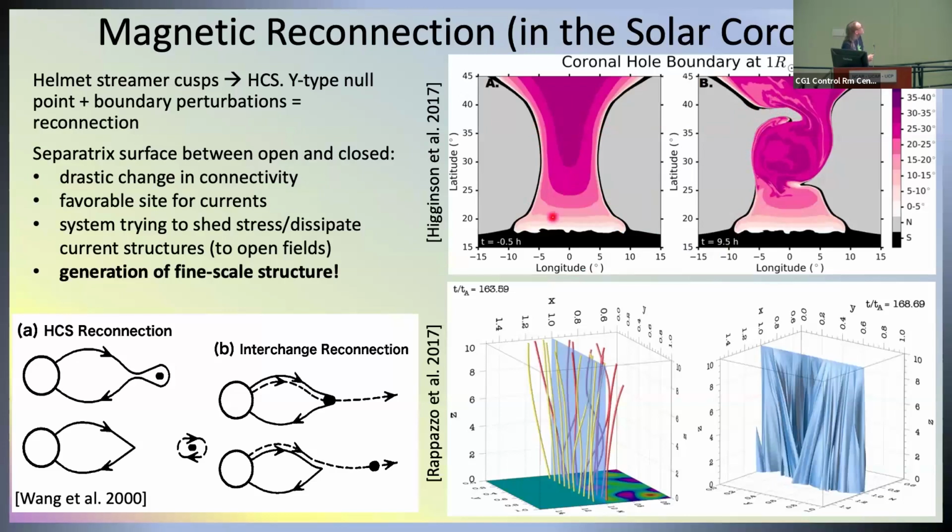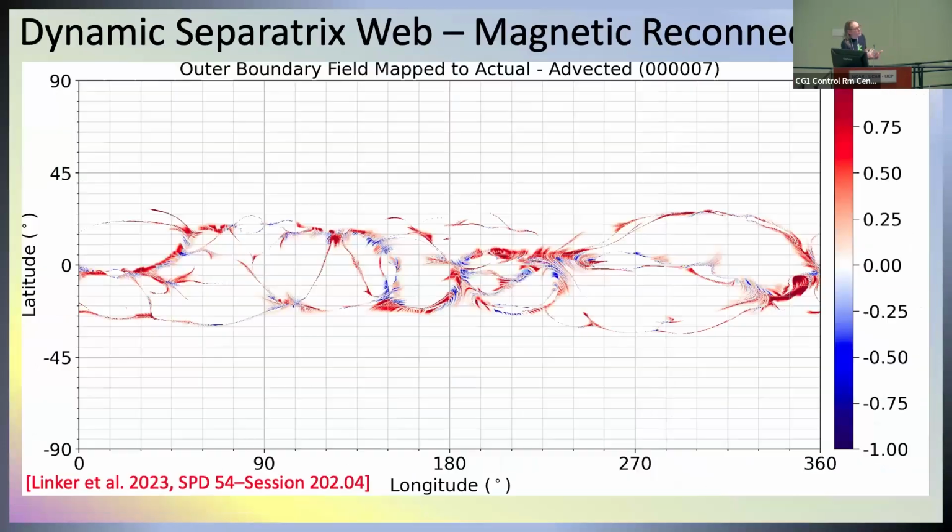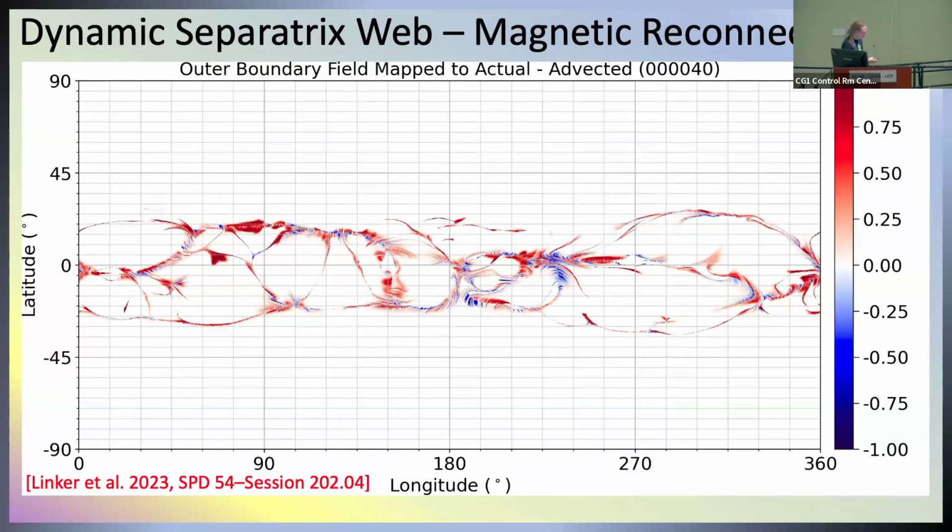All of the stuff that's purple is open field, and all the stuff that is gray is closed. And now I've taken what was a very smooth separatrix boundary, and I've put a ton of structure into it. I've created this whole spiral of intermixed open and closed field.